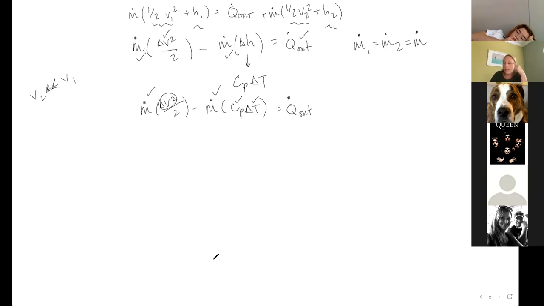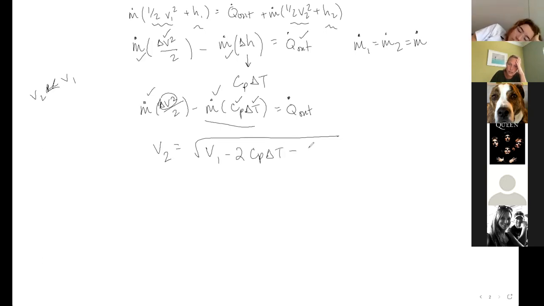So we're going to isolate for V2. If we move this to this side, divide by volume, subtract our velocity 1, we have V2 is equal to the square root of V1 squared minus 2 Cp delta T minus 2Q out over mass flow rate.